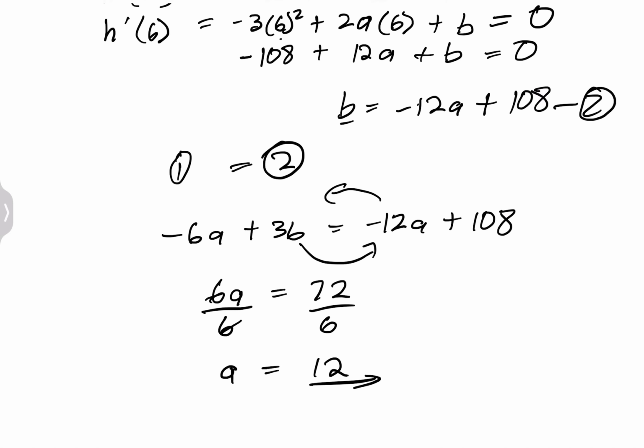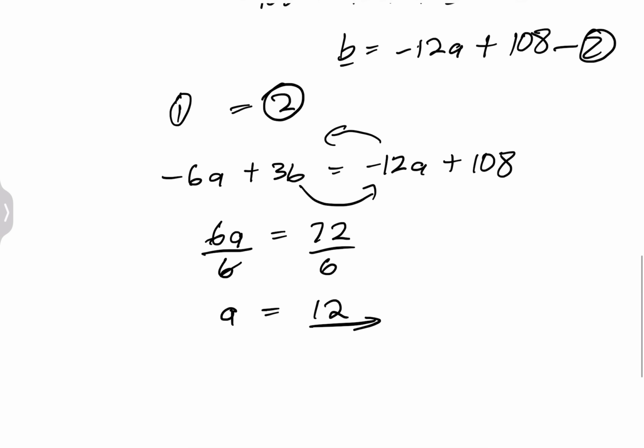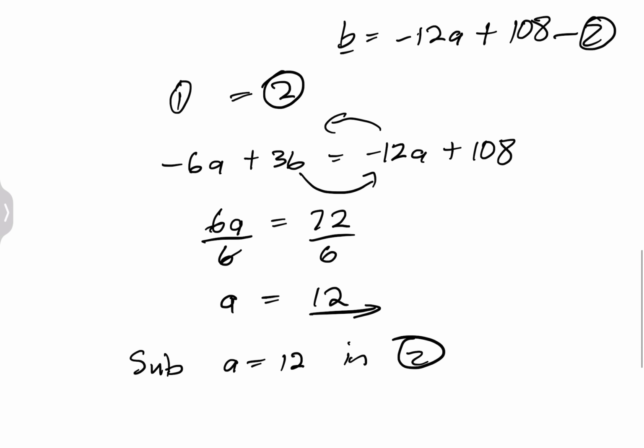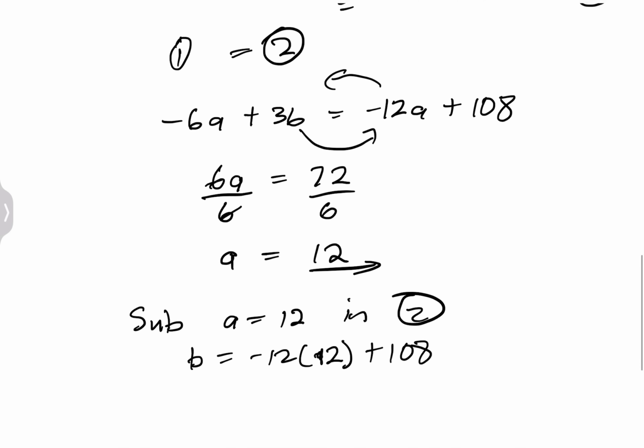And of course, to get the value of b, all I'm going to do is substitute a is equal to 12, okay, into equation 2. It doesn't matter whether you substituted it in equation 1 or 2. So b would be equal to negative 12 times 12 plus 108, okay? So that would give us minus 144 plus 108, okay?